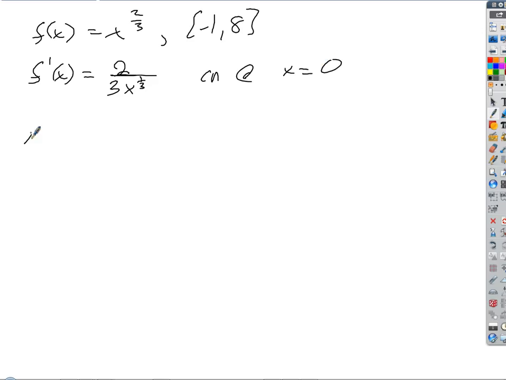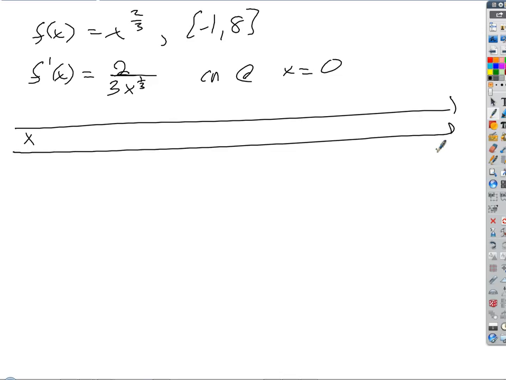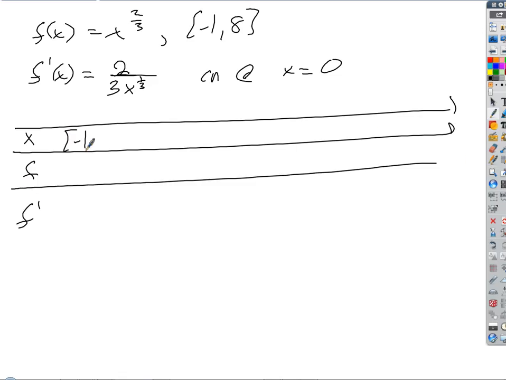When we make our table, we can even do better than that, right? We can even show what kind of critical number it is. So we've got f prime, -1, 8. We get one critical number at 0. And it's the kind where this is undefined.